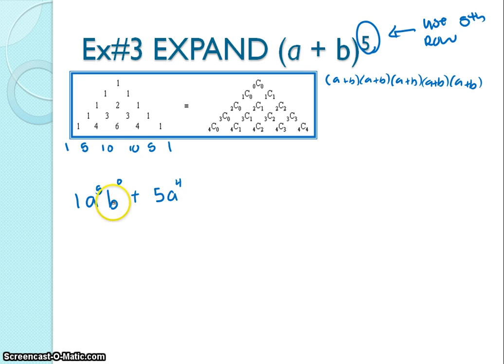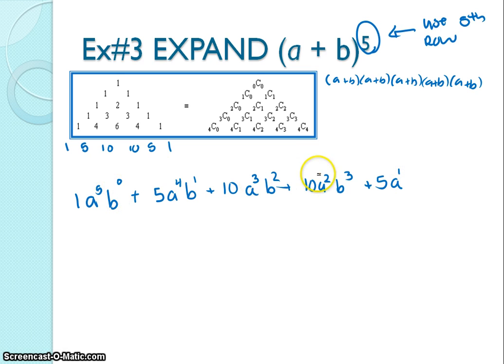Then we're going to increase our b's by 1, b to the 1, plus the next binomial coefficient, 10, a to the 5, 4, 3, b to the 0, 1, 2. Plus the next 10, a squared, b cubed, plus the next one would be 5. So we start with a 5, 4, 3, 2, 1.